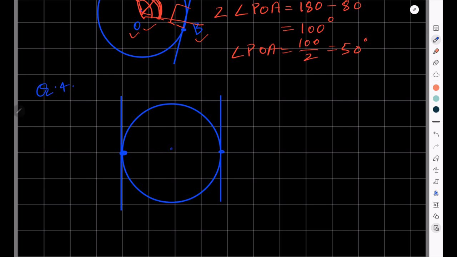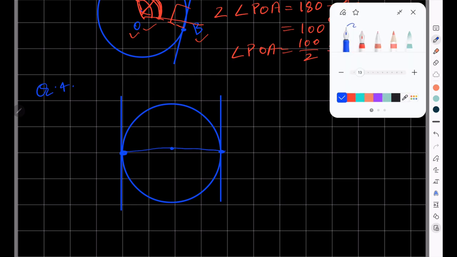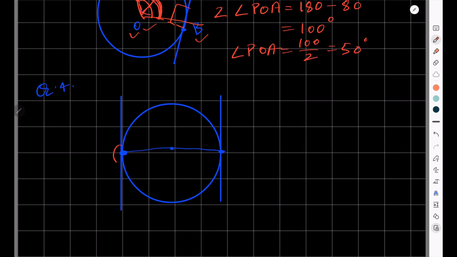You know, every circle has a center, and if we draw a straight line going through the center, it will cut the circle at 2 points. So here, this is one point, this is another point, and this will be a straight line, and this will be the diameter.